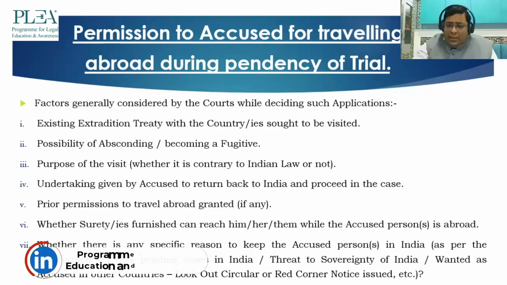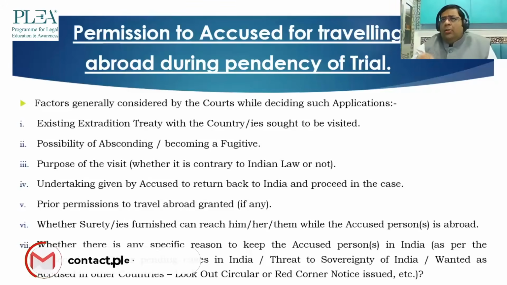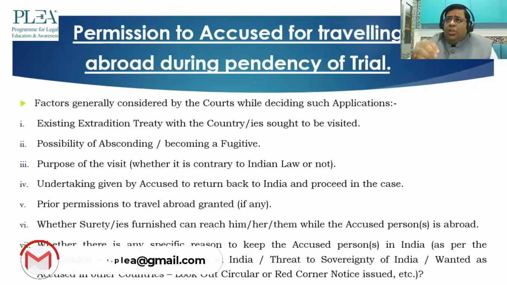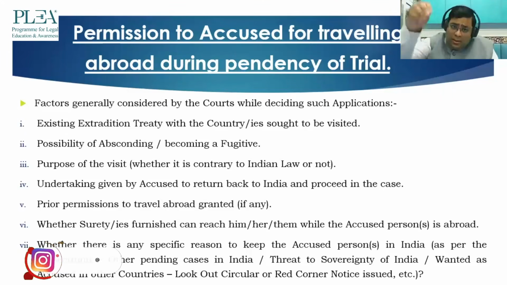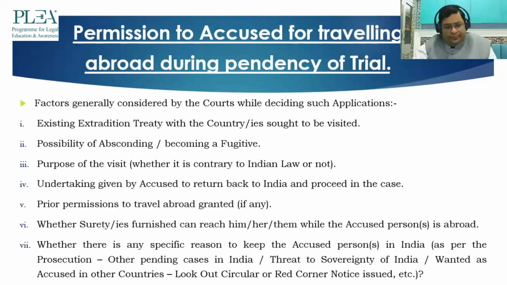Sixth, whether the sureties which are furnished by the accused are able to reach that accused person abroad. So this is again a safeguard which is put in so that the court shall ensure that this accused person comes before the court and faces trial.